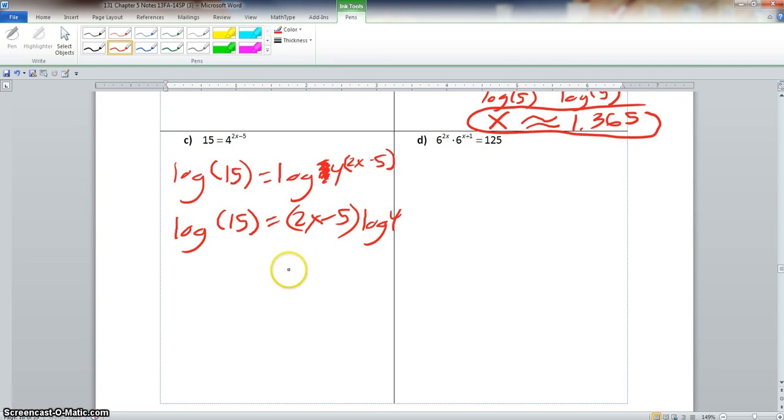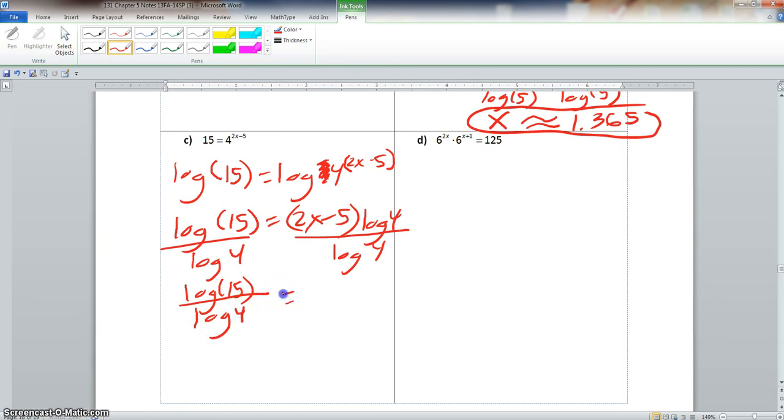Now, we're going to divide each side by log 4. And that will give us log of 15 over log of 4 is equal to 2x minus 5. So now we have to add 5 on both sides.